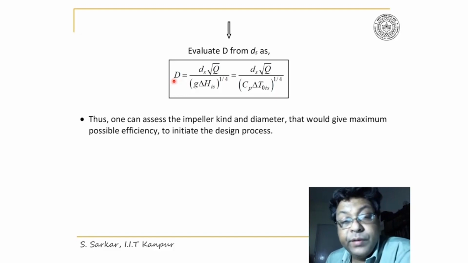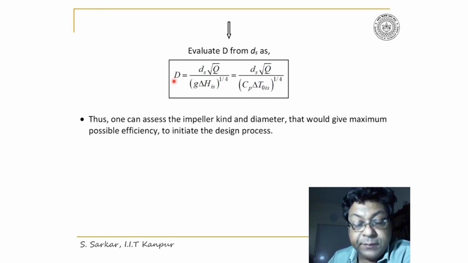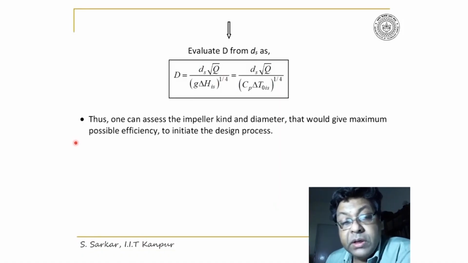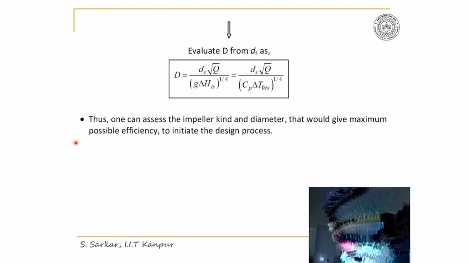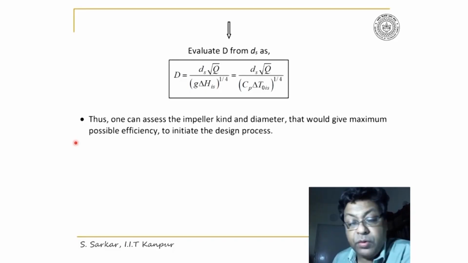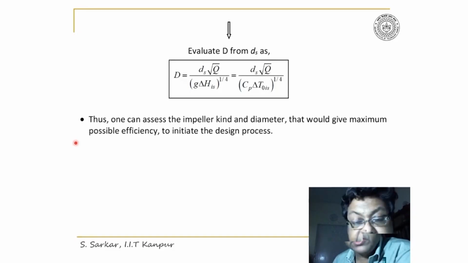Furthermore, from specific speed one can assess the efficiency achievable. Thus, from Ns one can assess the kind of impeller, whether axial or mixed flow, and the dimension of the machine. For a fixed speed, it would give you an idea of the maximum efficiency achievable. So from this note, you can safely initiate the design process.